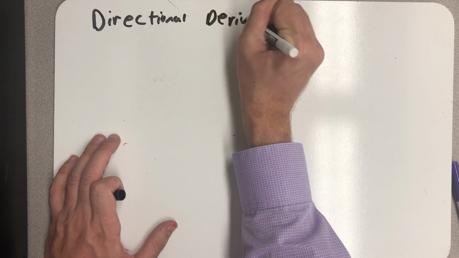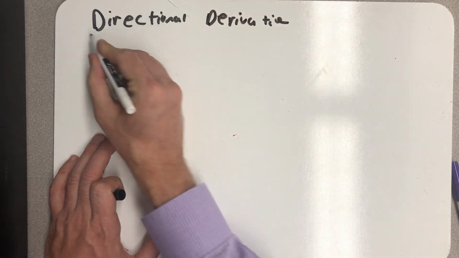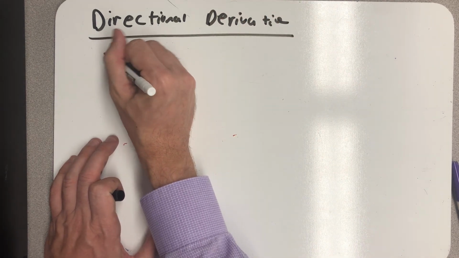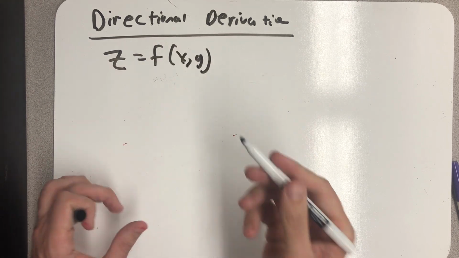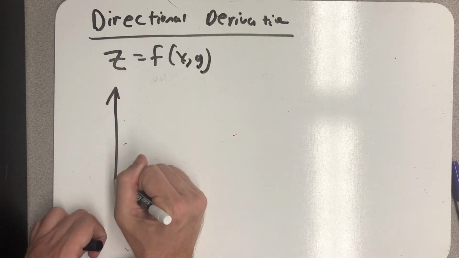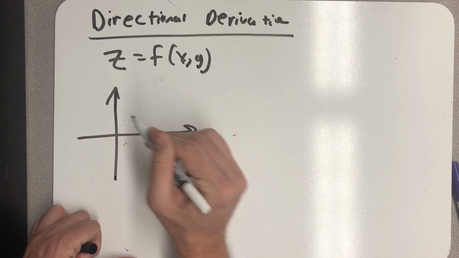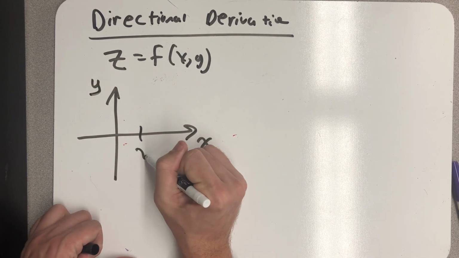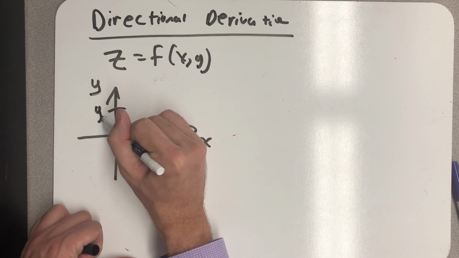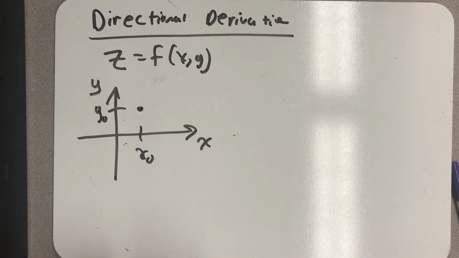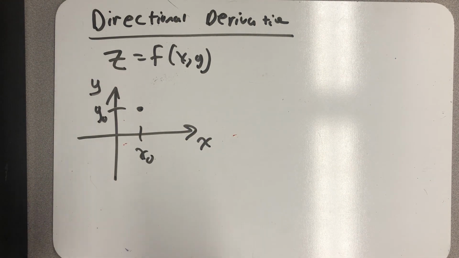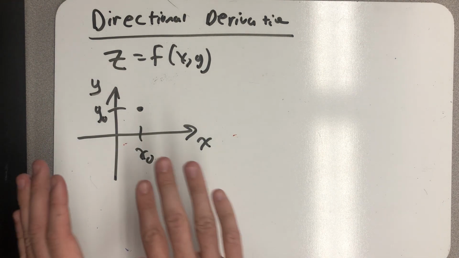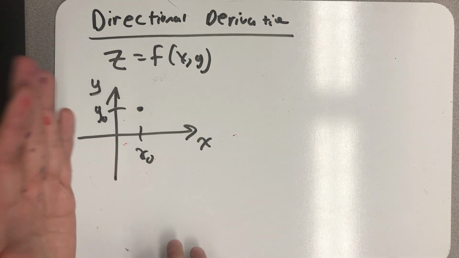And to start, we'll work with a function of two variables. So the main idea is that the domain here is some set of points in the plane. I want to imagine a point x naught, y naught. And I want to calculate the derivative of f, but not with respect to the x-axis or y-axis.